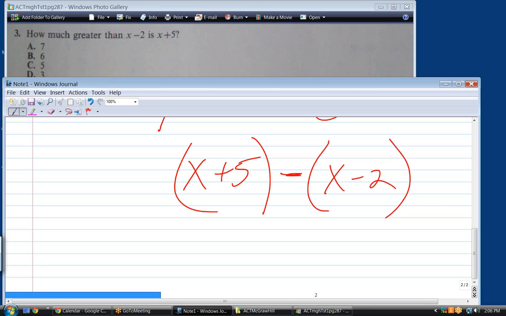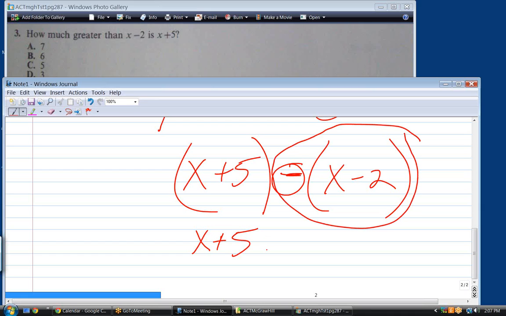Well, what's the answer to this? When you distribute this negative sign to both terms in the parentheses, what do we end up with? In other words, the first step here is to lose the parentheses. Well, I can lose the front set of parentheses without affecting anything. But then when I get rid of this set of parentheses, what am I left with?